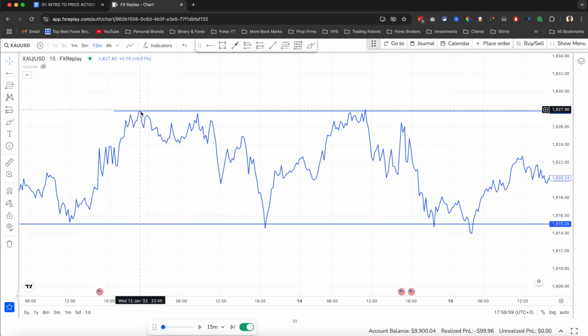That means the price does not go in the upward direction. So we see a resistance from this point, and then we see the price coming down. Then we see a support here, but it's not violating this point. It doesn't go down. It's just some liquidity grabs, and then the price goes up.